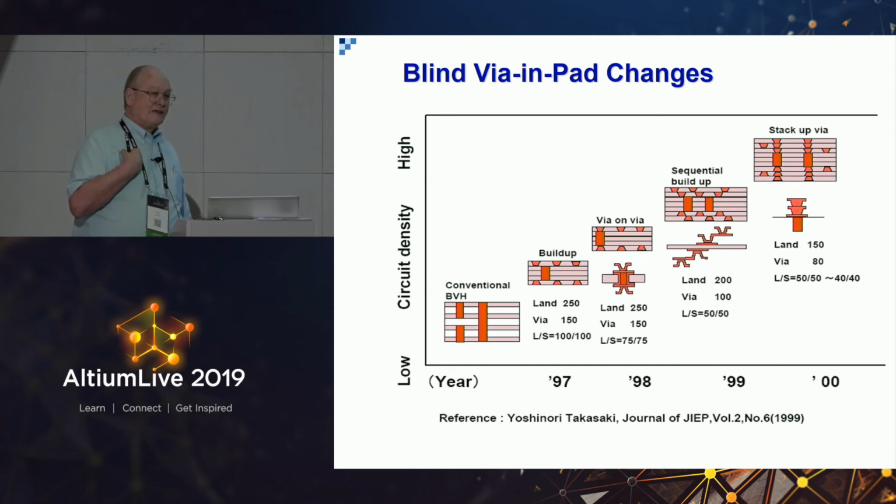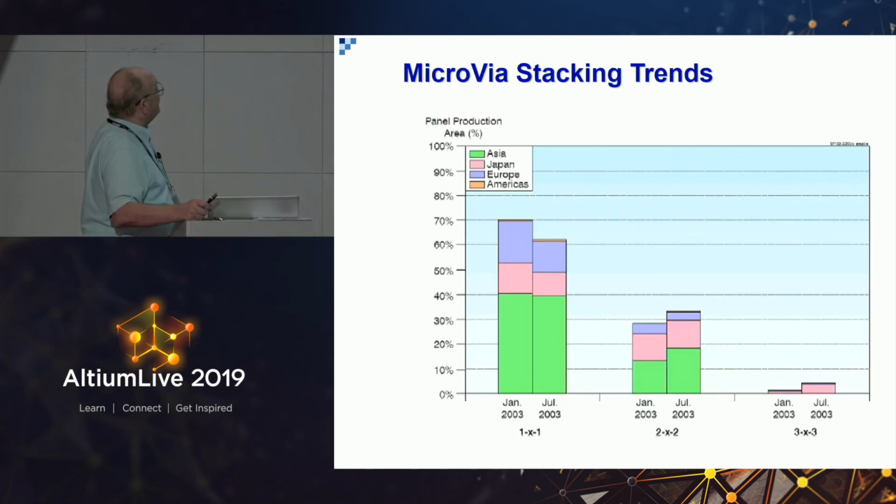So I'm afraid to tell the Japanese they're last to have discovered microvias, not the first. And go back and read some of the Siemens technical papers from the late 80s about Siemens computers, and you'll see some of that.